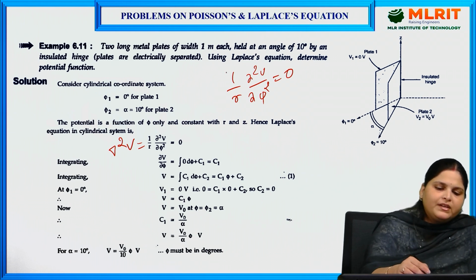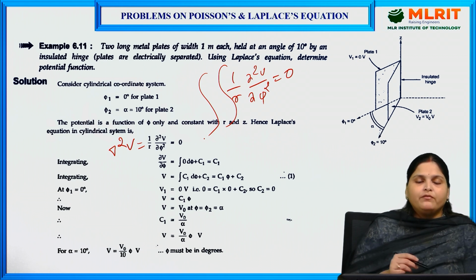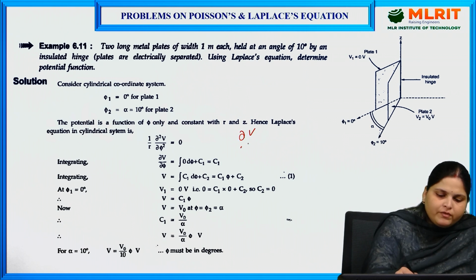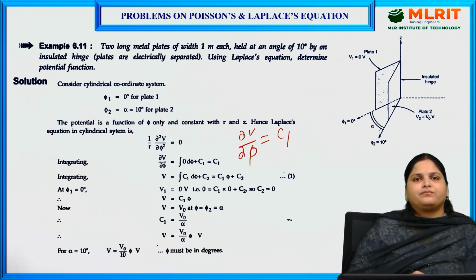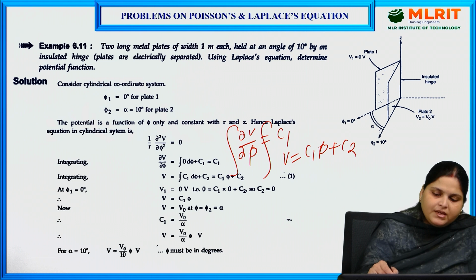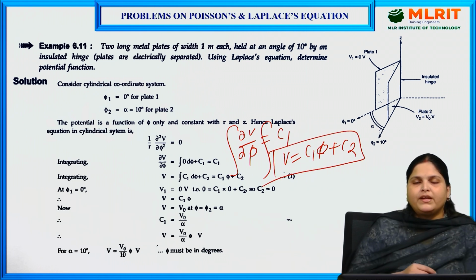To get that, we need to integrate it 2 times. So with the first integration, we will get dou v by dou phi is equal to C1. Then on further integration, we get v is equal to C1 phi plus C2. So this is the equation of potential, right?